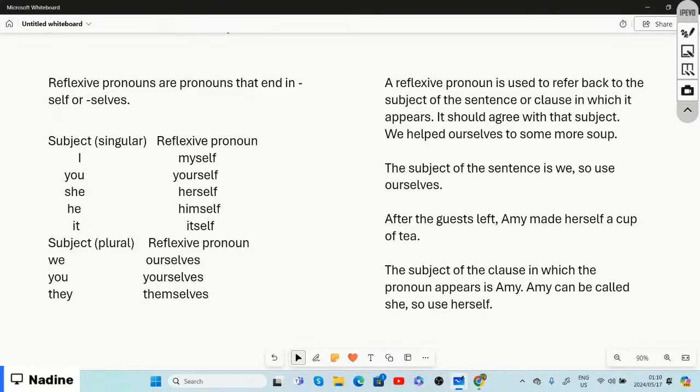All right. And when it comes to reflexive pronouns, we said that they are pronouns that end either in self or in selves. And our subjects, whether it is a singular subject or a plural subject, it needs to refer back. Our reflexive pronoun needs to refer back to our plural or singular subject.